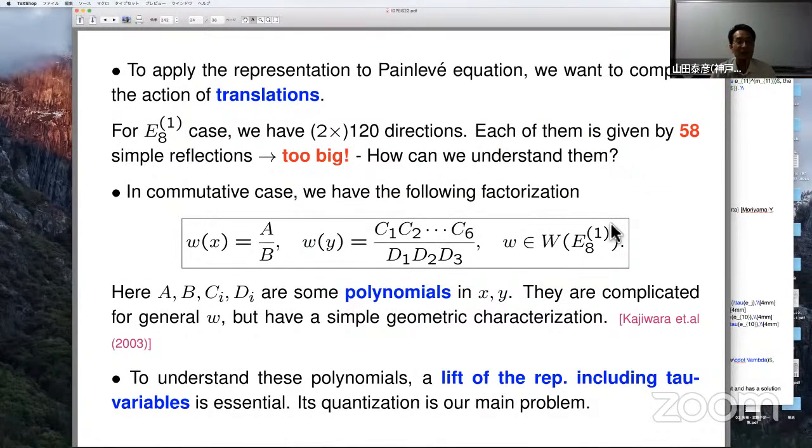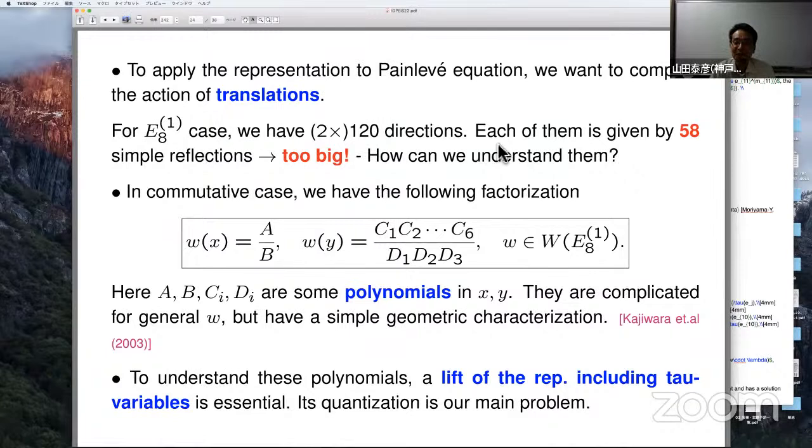And to apply this representation to the Painlevé equation, we need to compute the action of the translations. For the E8 case, there are 120 times 2 directions of translation, including the forward and backward directions.